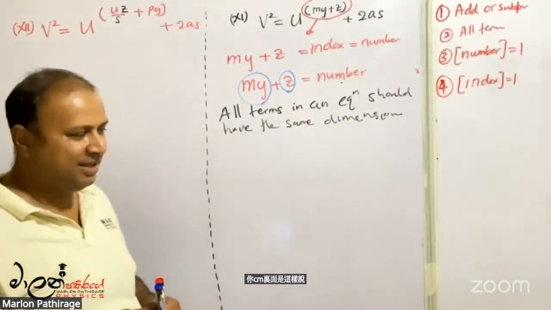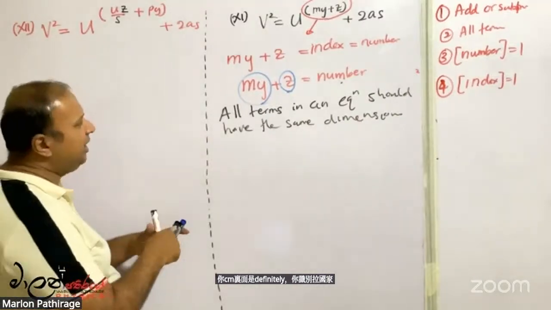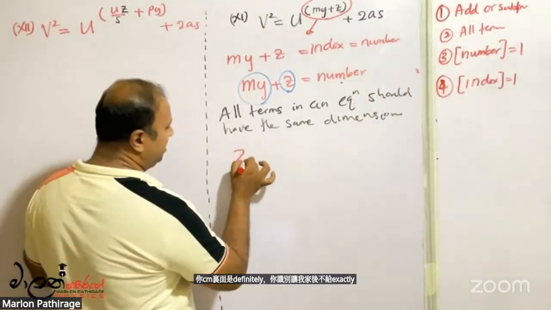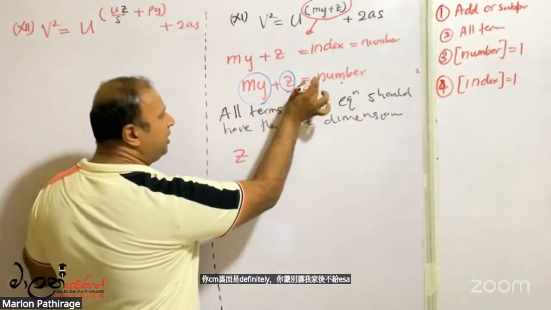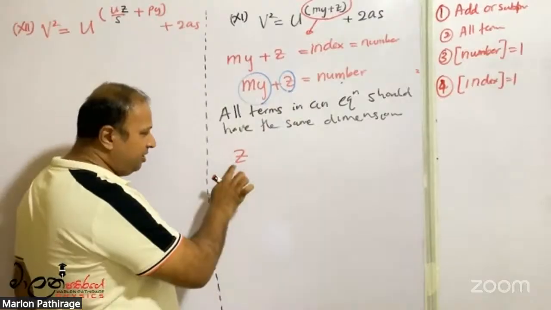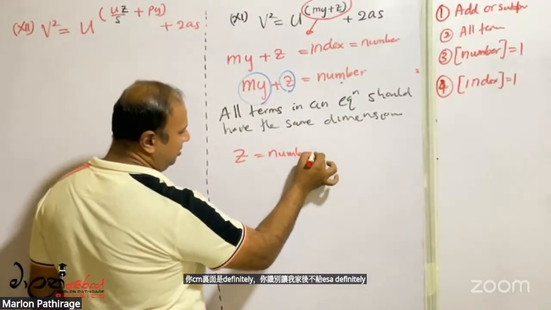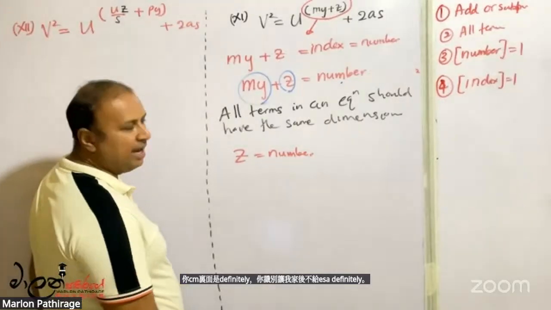Therefore, this should be a number. Therefore, Z should be a number, as well as my.